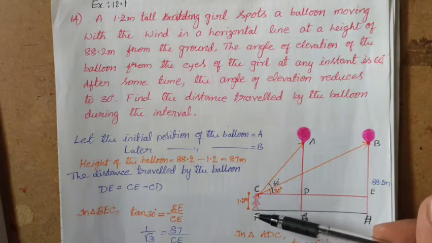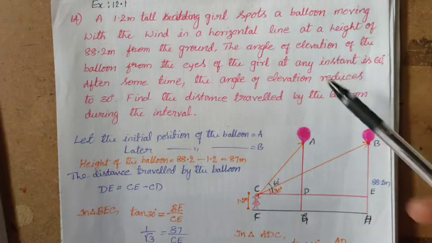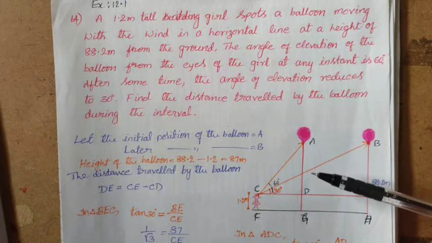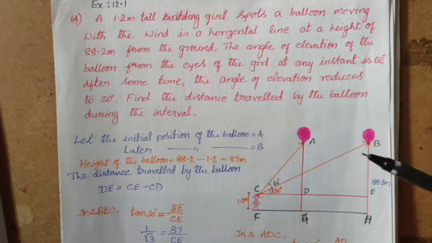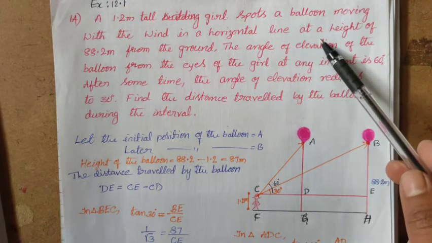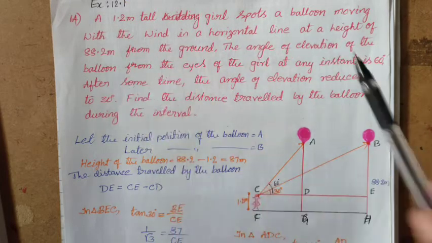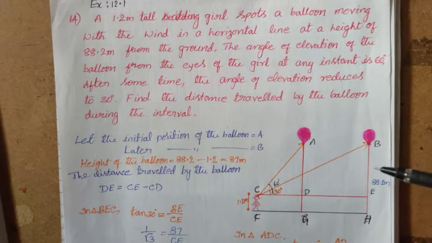The height of the girl is 1.2 meter. Spots a balloon moving with the wind in a horizontal line at a height of 88.2 meter from the ground. So the balloon is moving with the wind.